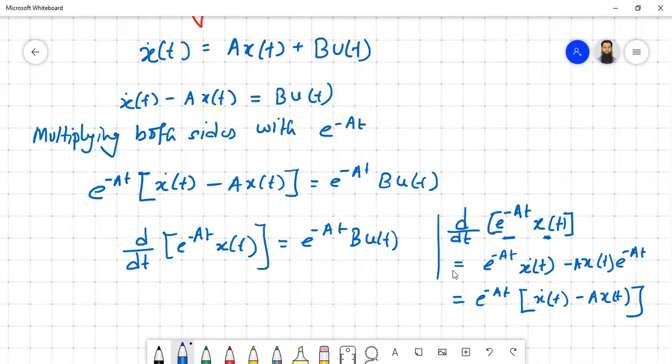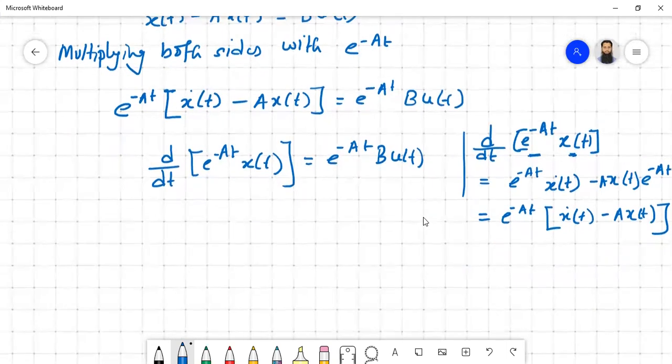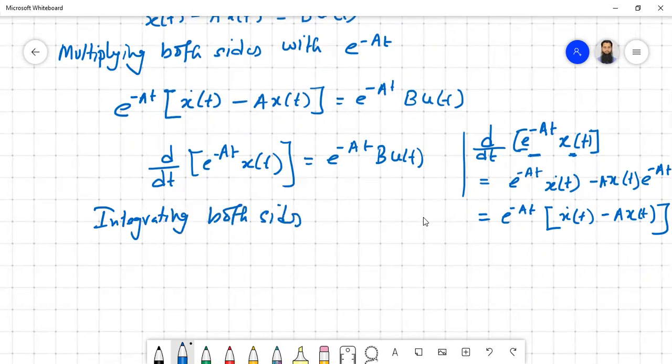Okay, so now if we integrate both sides, with a range of 0 to t, of course.